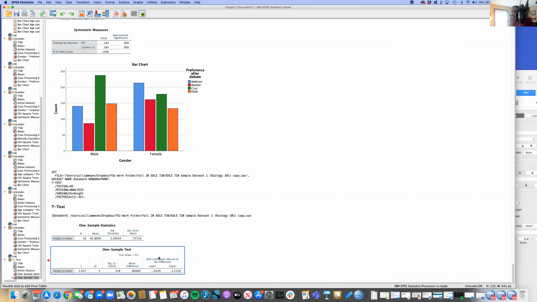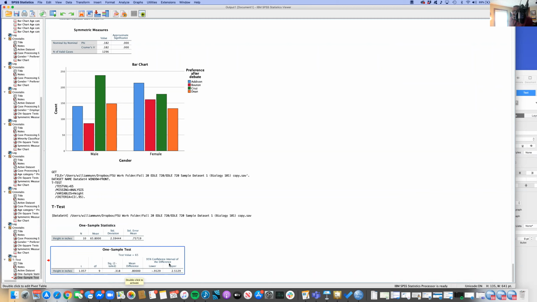And we see here the 95% confidence interval of the difference crosses 0. If it ever crosses 0, then throw the test out. Okay, there's no significant difference. We can also tell that the significance value here being above 0.050 also invalidates any kind of significant difference.